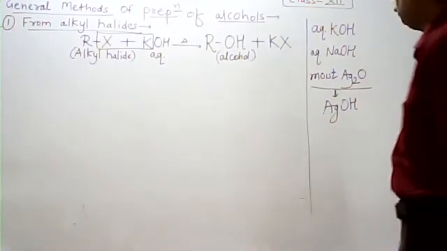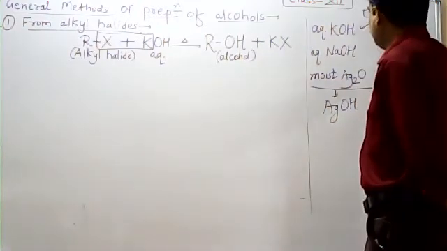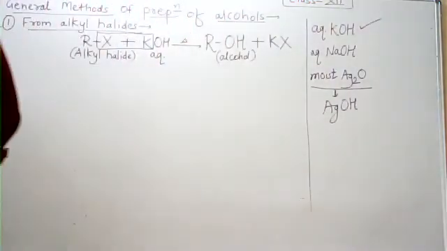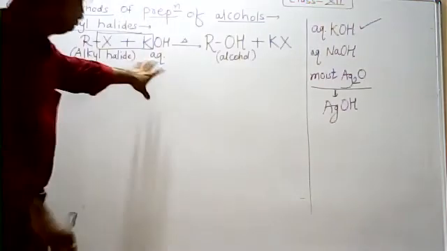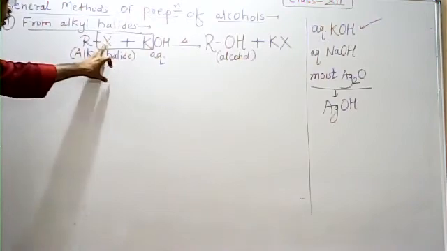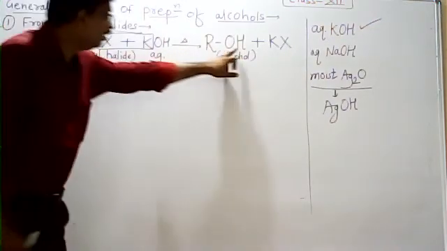ठीक आहे, AgOH. So aqueous KOH, and also alcoholic KOH is there. Aqueous KOH gives a substitution reaction. Halogen is replaced by hydroxy group.